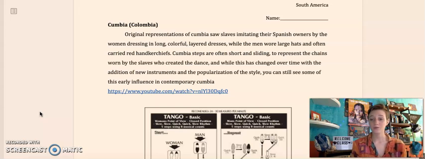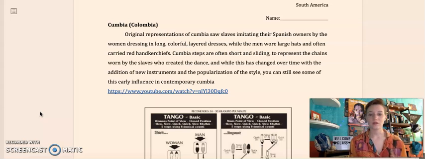And so the last one is the cumbia, which was from Colombia. The original representations of the cumbia were slaves imitating their Spanish owners, and the women would dress in these long, colorful, layered dresses, and the men wore really large hats and would carry a red handkerchief.